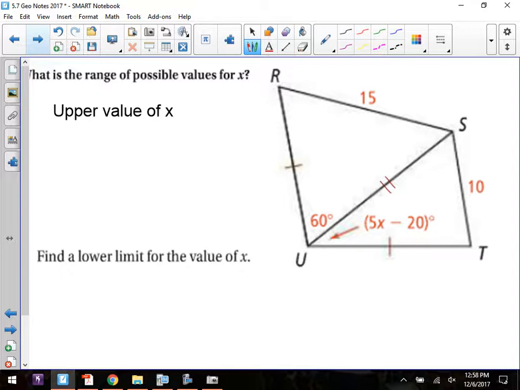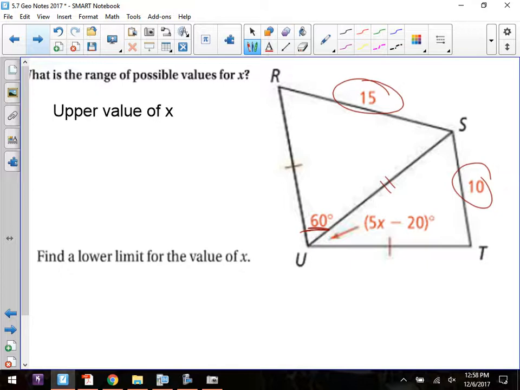Which of those two angles has to be larger? The 60. Yeah, the 60 degree angle has to be larger than the other one because the side opposite it is larger. Since the 15 is larger than the 10, that makes the 60 the larger of the two angles.